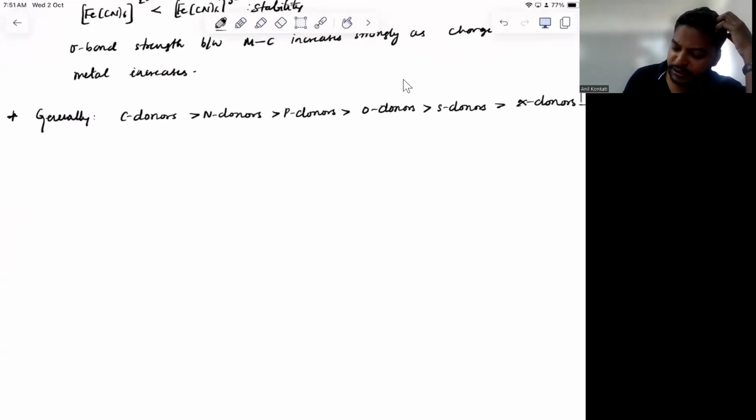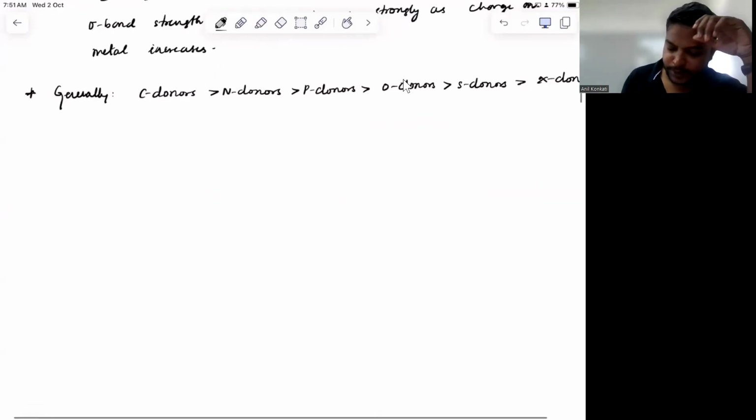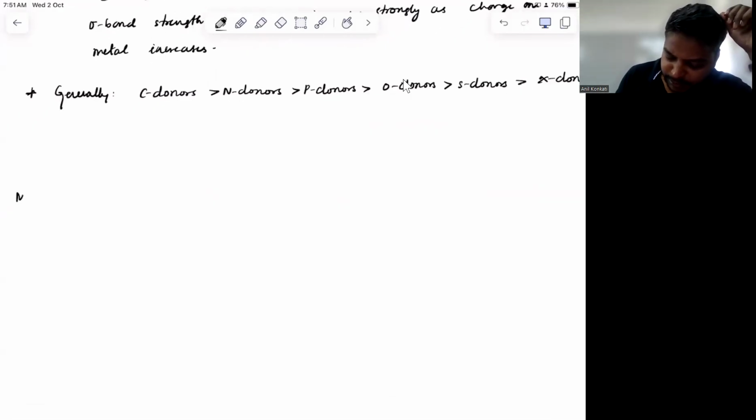Typically, if you compare the connection from where they are, these are the compounds which you will see.